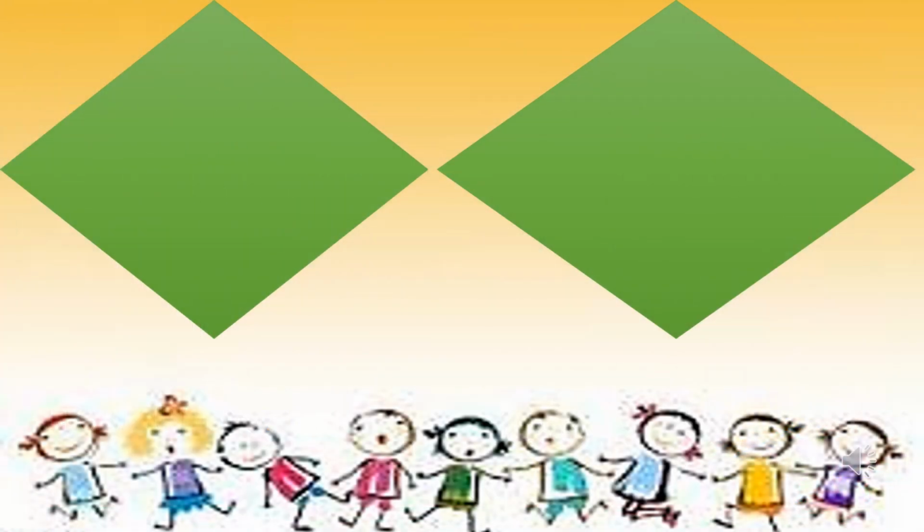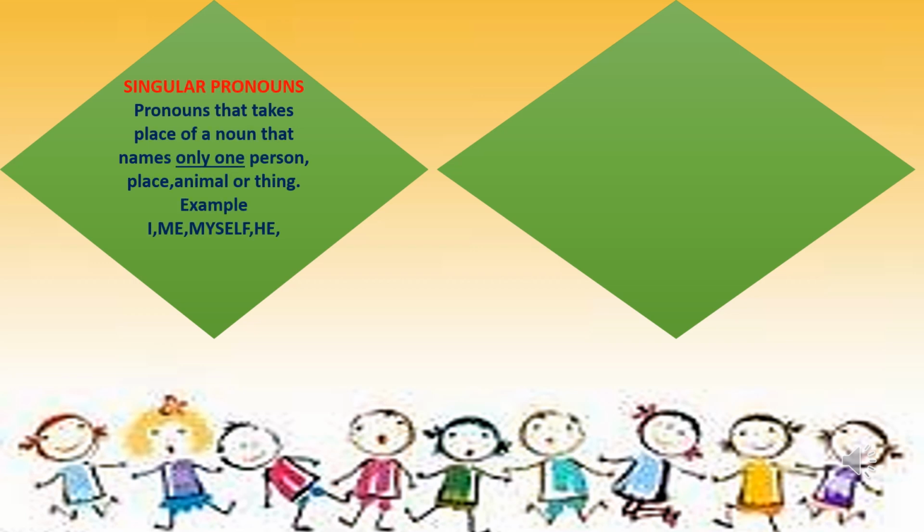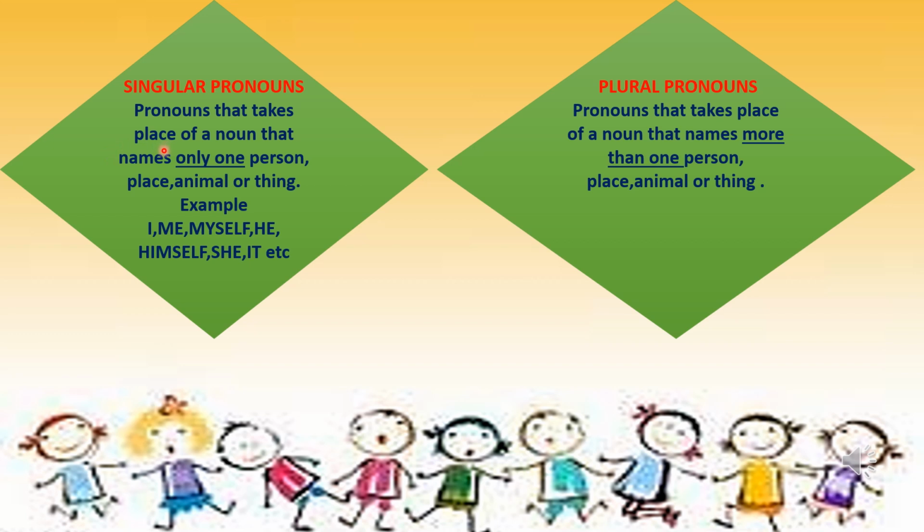Singular pronouns. Pronouns that take the place of a noun that names only one person, place, animal or thing. For example, I, me, myself, he, himself, she, it, etc. So singular pronouns are the pronouns that are for singular ones.